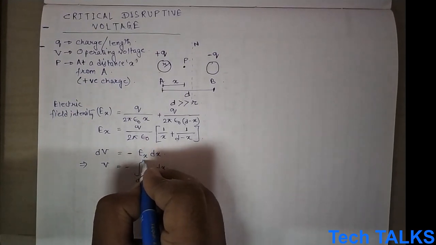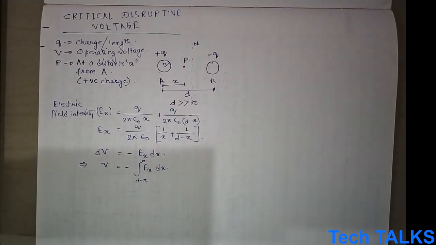Now we simply put values over here at r and d minus r.